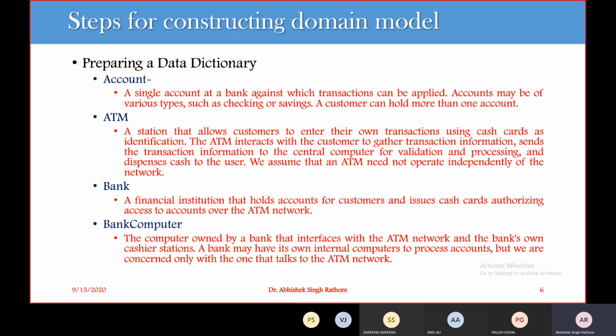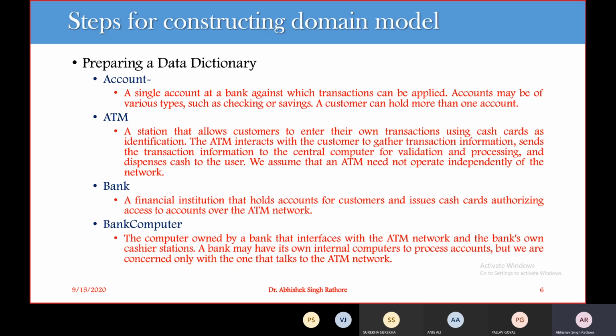Let's say in this data dictionary we have the word account. This account is assumed to be a single account at a bank against some transactions, and an account may be of various types such as checking and saving, and a customer can hold more than one account. While considering an ATM example, we have data dictionary words like account, then ATM.